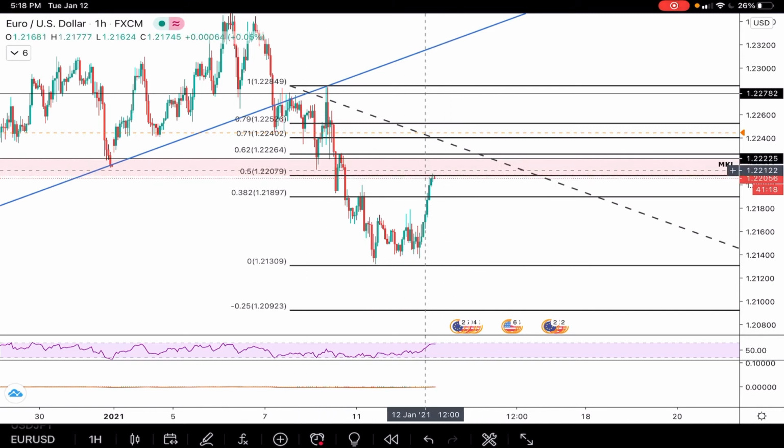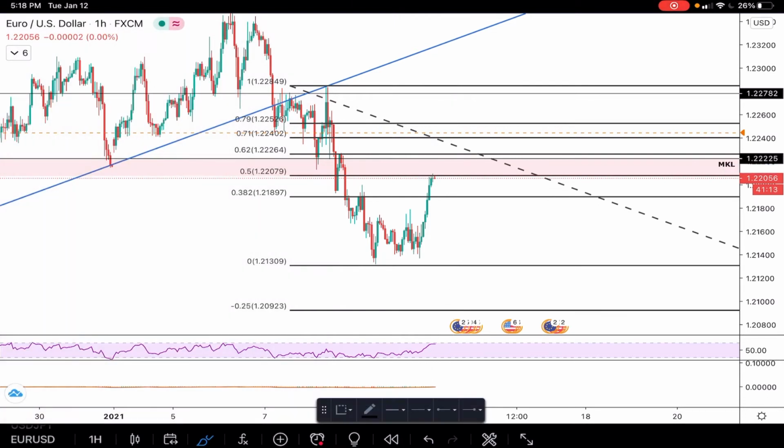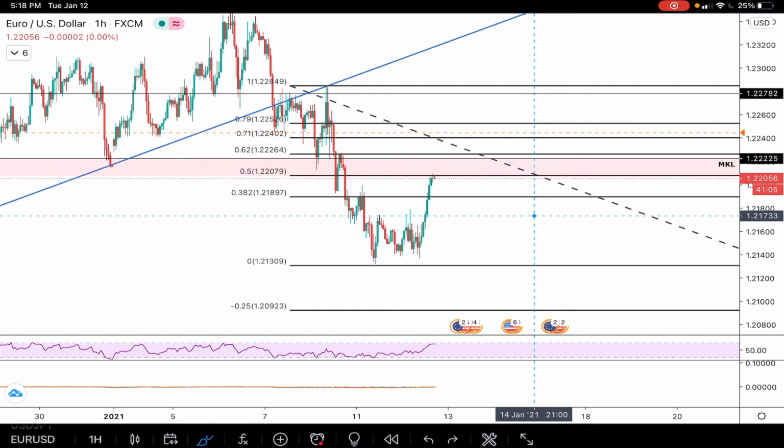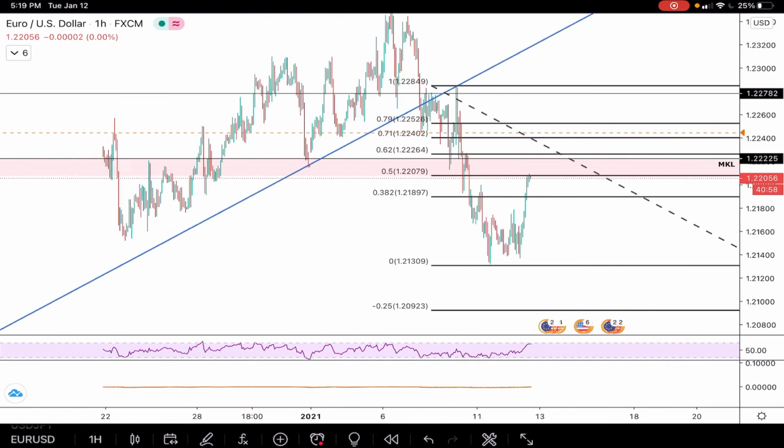And hopefully in this area, at least for me, for all the bears out there, we see some kind of consolidation and a break toward the downside. So overall, that's pretty much it on a 1 hour.